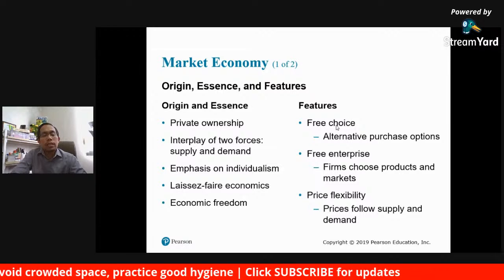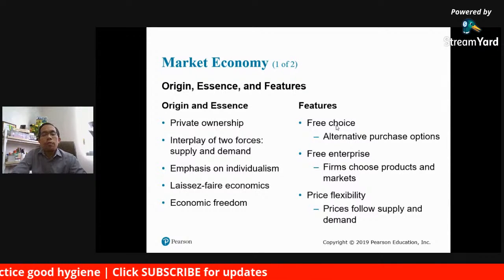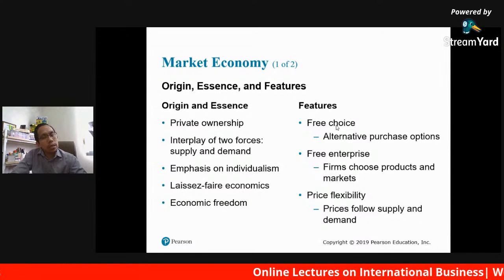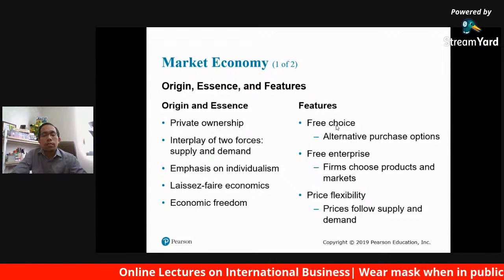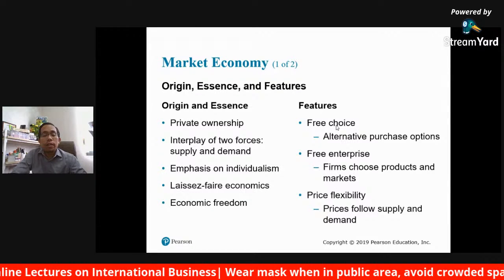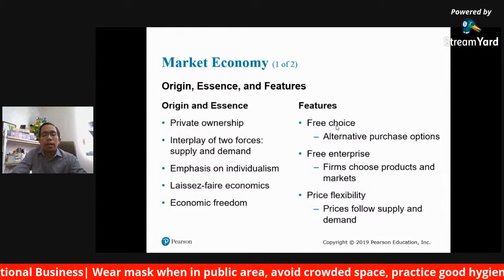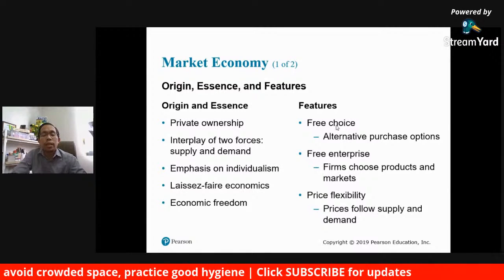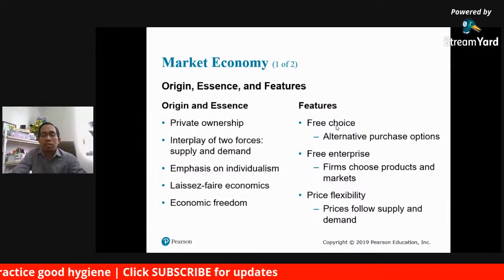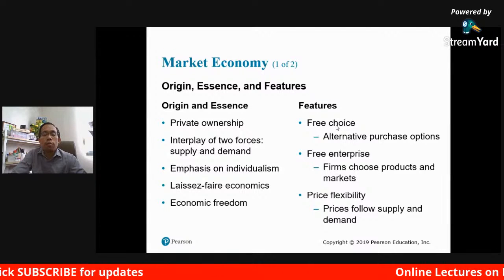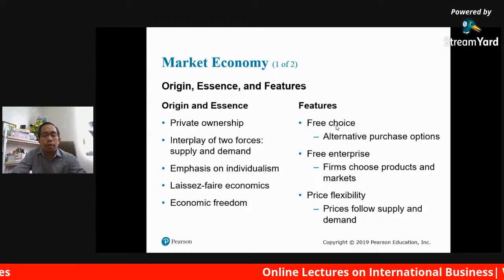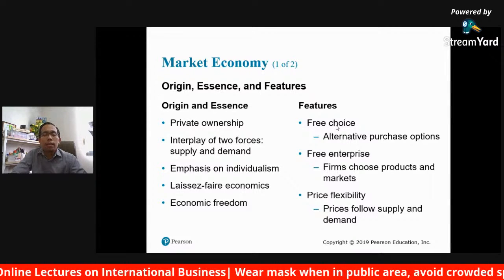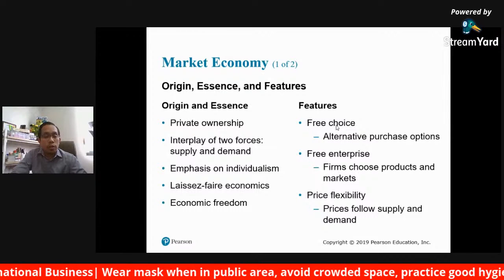What are the features of this type of economy? Because everyone goes private with their business, you have ample choices, so many alternatives in the market. Free enterprise: firms can choose products and markets where they can go freely. And also price flexibility. The price will follow the condition of the market itself; it is not bound by government policy.